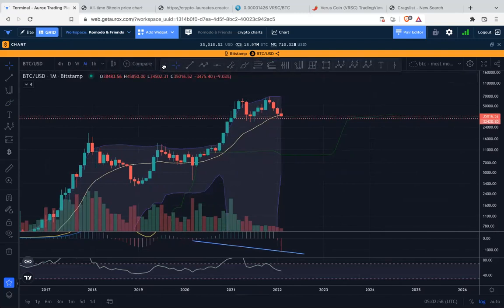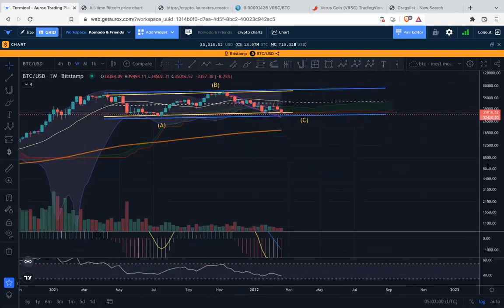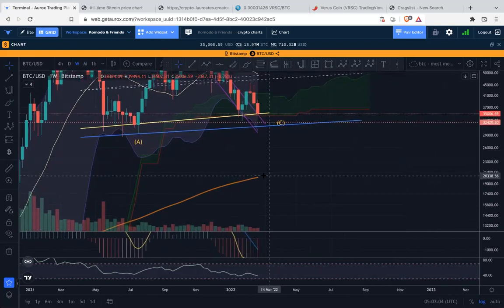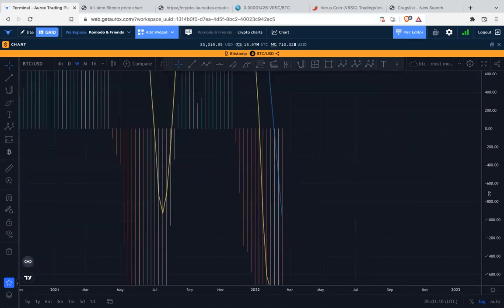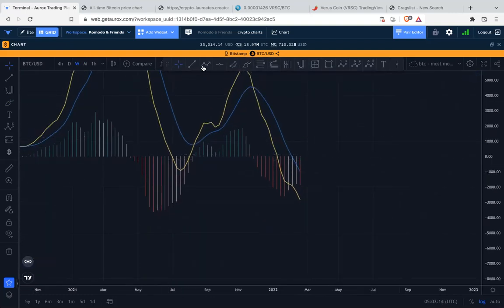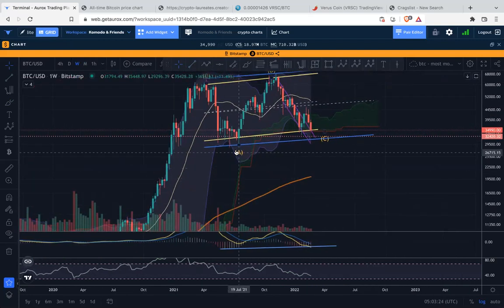Now, let's turn it to the weekly where we have a lot more data here. We have the Ichimoku Cloud now coming into play. Firstly, we have a 200-week moving average all the way down at 20,000 now. Let's check these indicators. Let's slide them down. On this case here, we are so far having convergence, I believe, with the potential A and C wave.